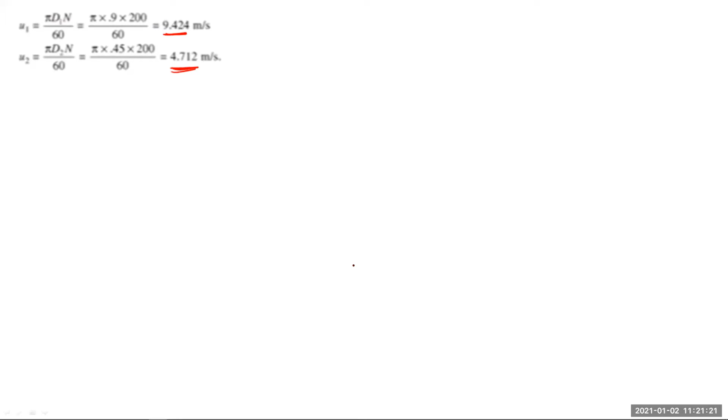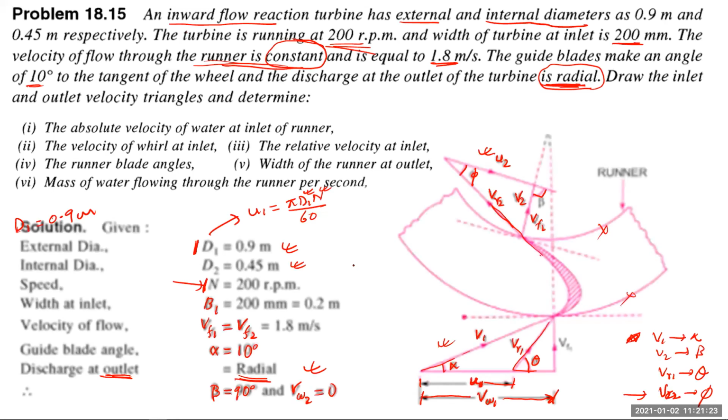Now in the question, let's see what they are asking. They are asking for absolute velocity of water at inlet, which means v1. Second, they are asking velocity of whirl at inlet. Whirl velocity means vw1.